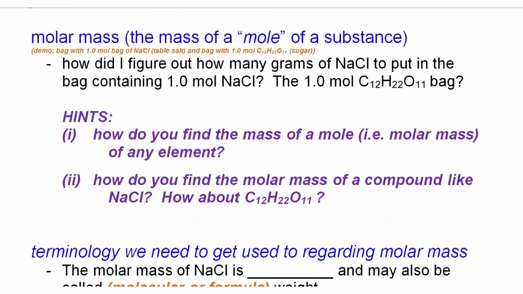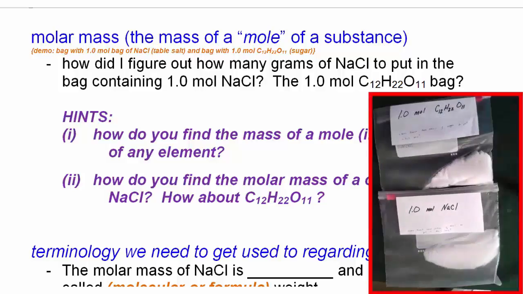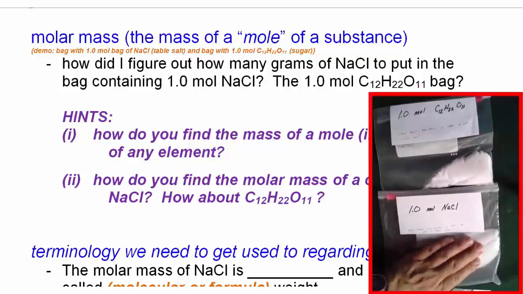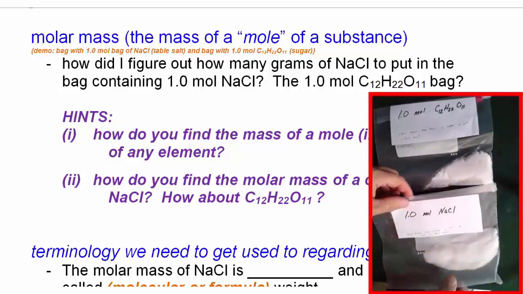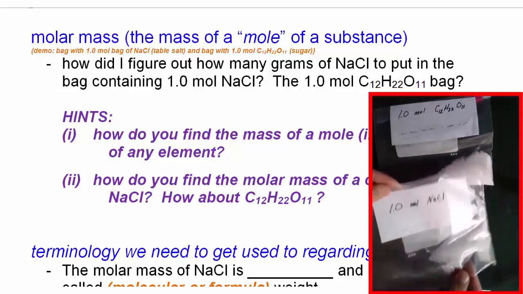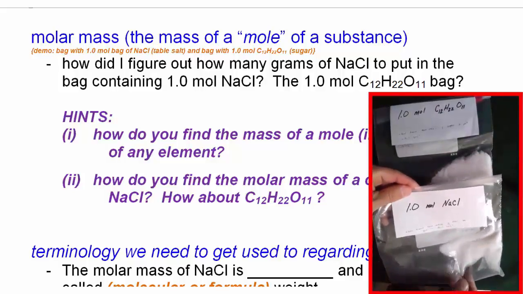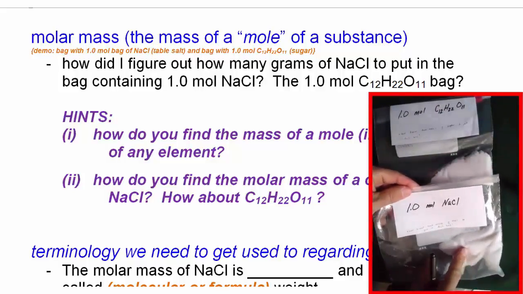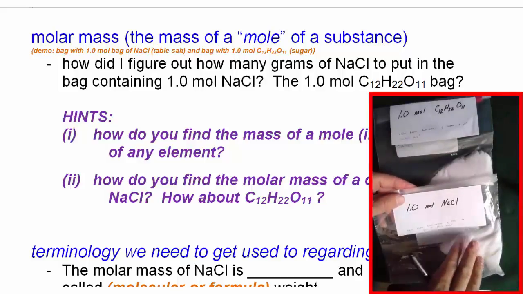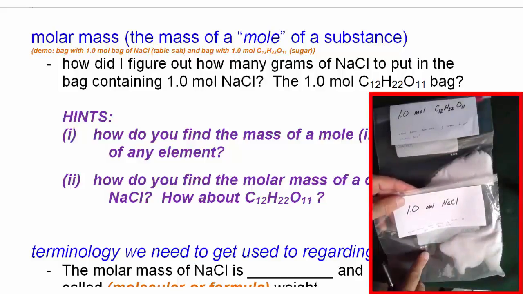The molar mass of a substance is the mass of exactly 1 mole of a substance. Here I have a bag of salt, sodium chloride, and in this bag I have exactly 1 mole. In other words, I have exactly 6.022 times 10 to the 23rd units of NaCl.